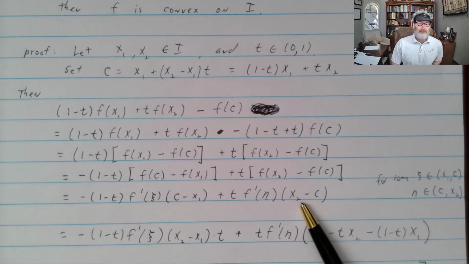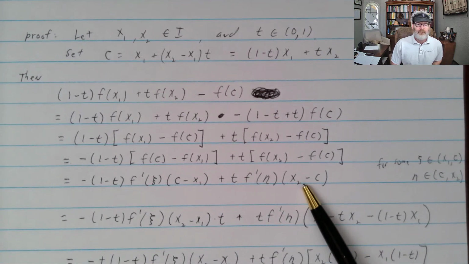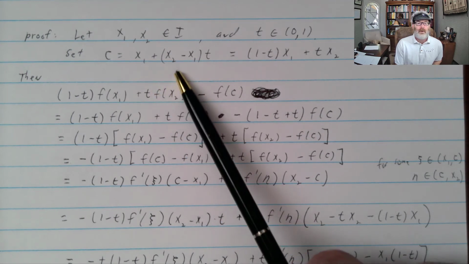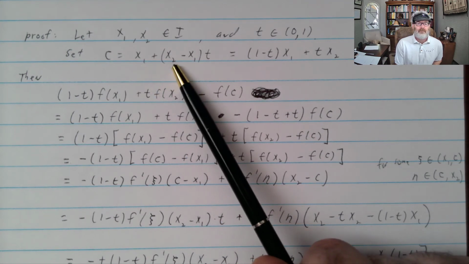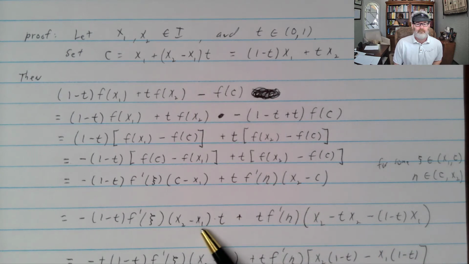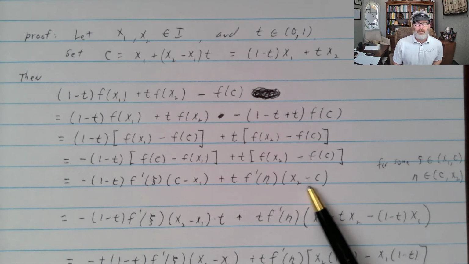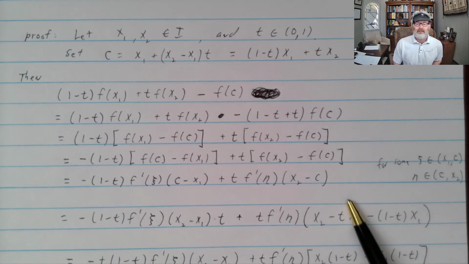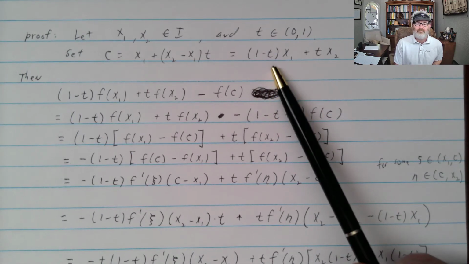And now I'll put in what c equals. So c, we have it right here. So c minus x1 will just be x2 minus x1 times t. And x2 minus c is x2 minus, and I'll use this version, minus that, and minus this.